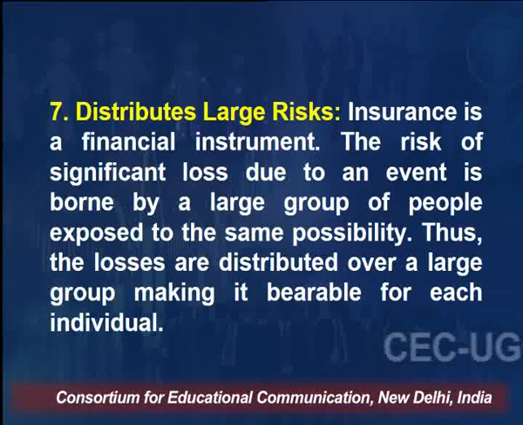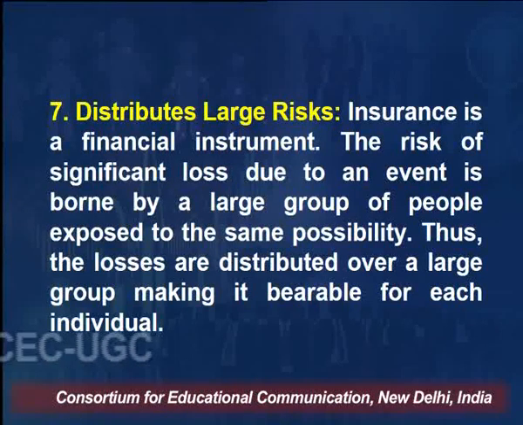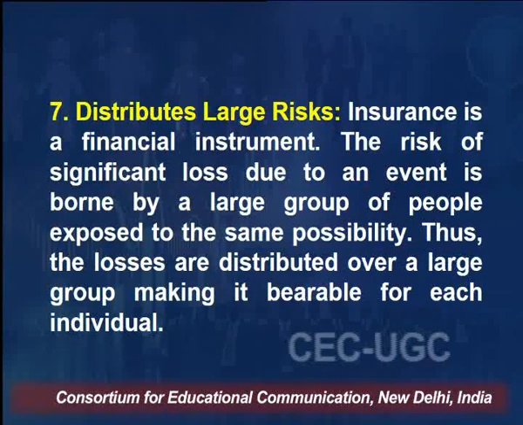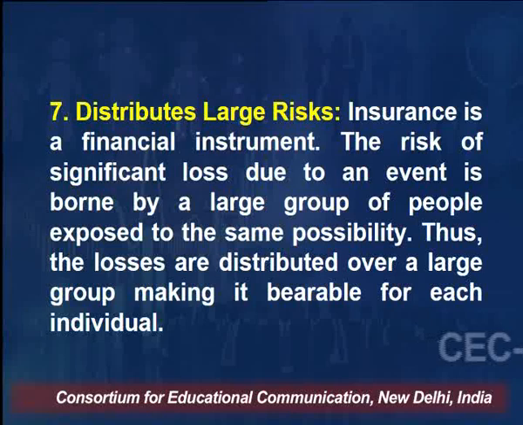Insurance distributes large risk. This is how insurance companies work. In my previous lecture, I talked about how the insurance policy works. Lakhs of people get insured for the same type of risk, but all of them will not be impacted at one point of time.